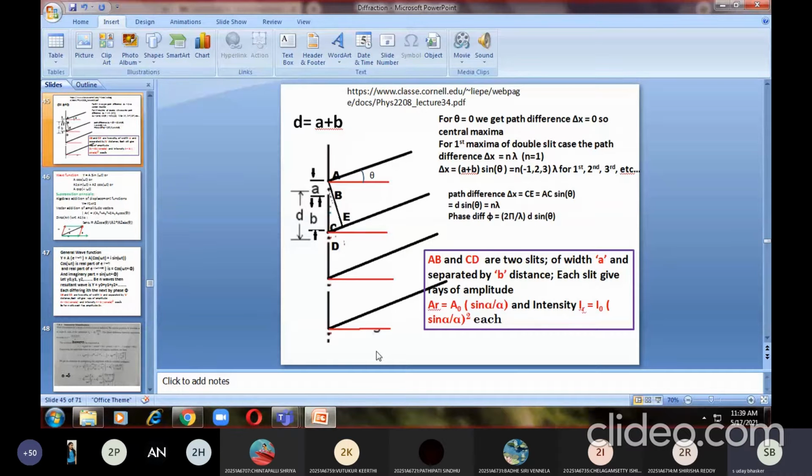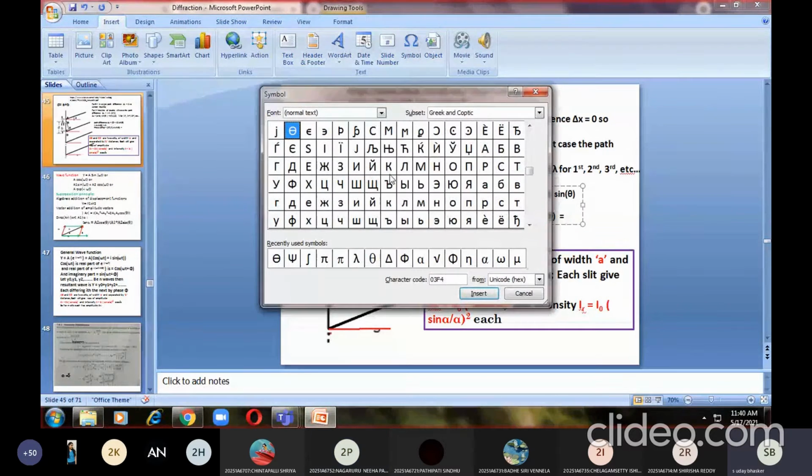Once again, between any two adjacent rays coming out from two adjacent slits, the phase difference is given as phi here, but instead of this phi, in this derivation, the textbook is using delta. I'm searching for that symbol delta.